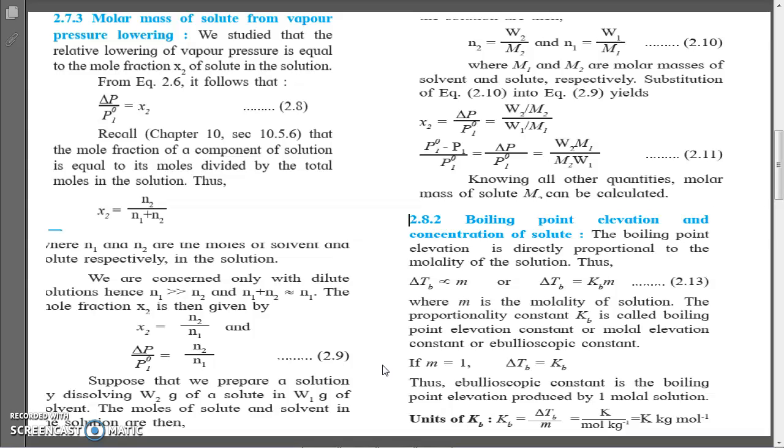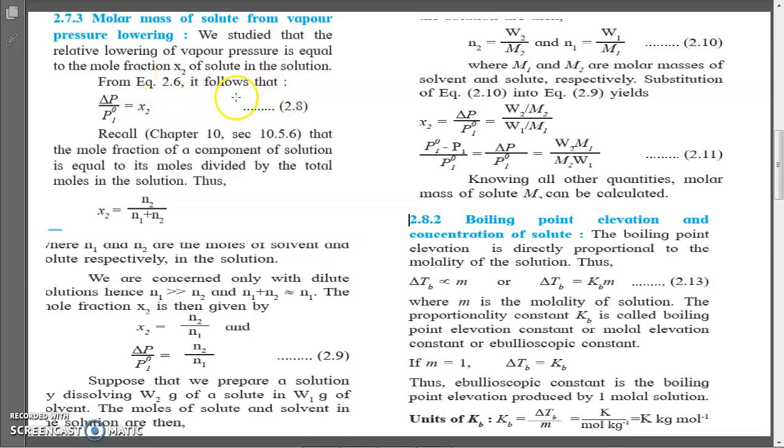Next is the molar mass of the solute and vapor pressure lowering. We have studied that the relative lowering of the vapor pressure is equal to the mole fraction X2 of the solute in the solution.